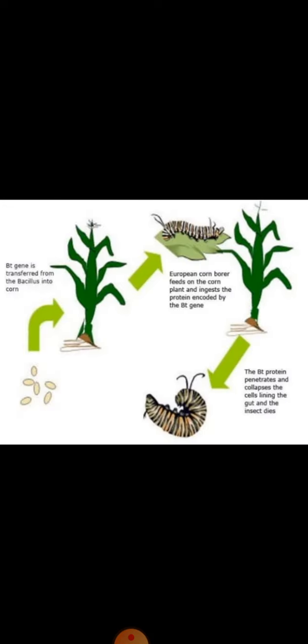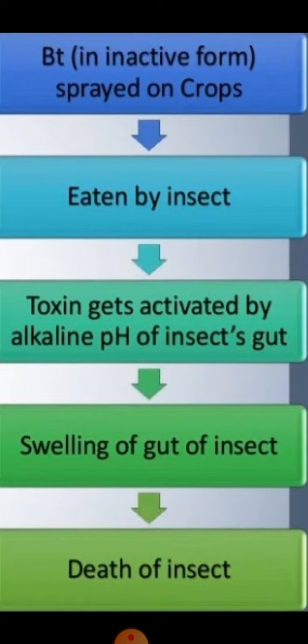Now you can see here, this Bt toxin protein exists in the inactive form, that is protoxin, and it is sprayed on the crops.